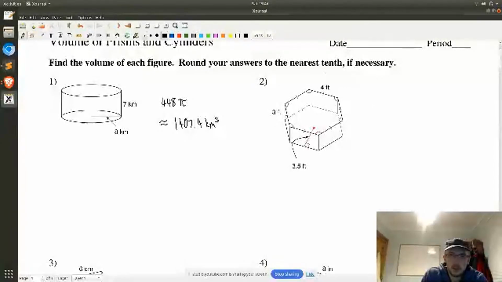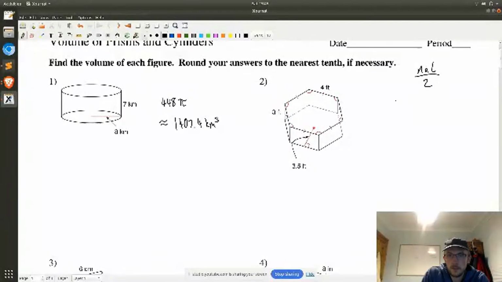Right. So it's a hexagonal prism. The apothem is 3.5 feet, and now using the convenient formula of n a l over 2, which is number of sides times the apothem length times the length of the side, and then divide that by 2.